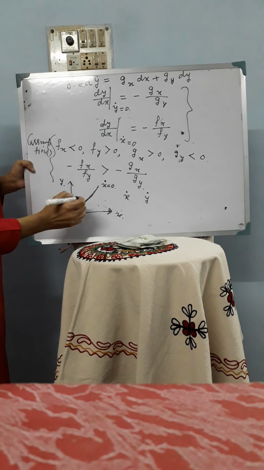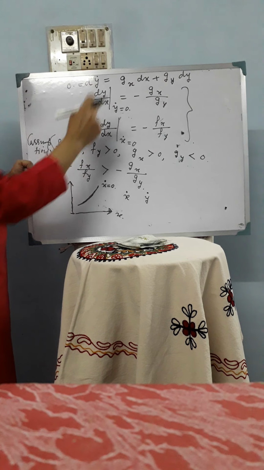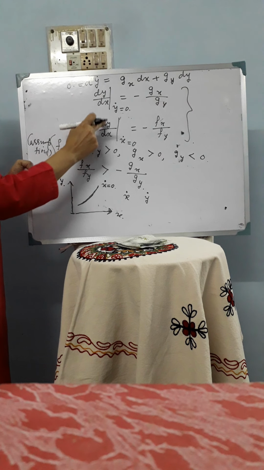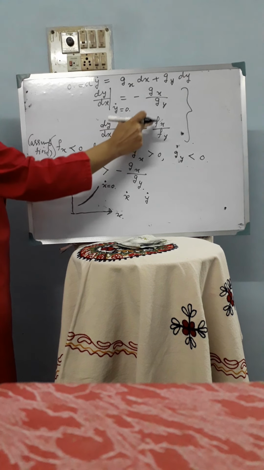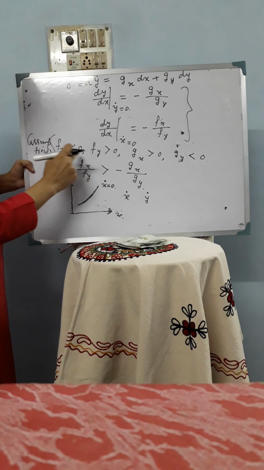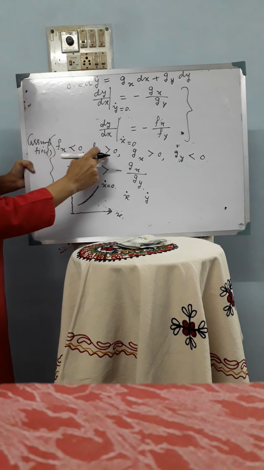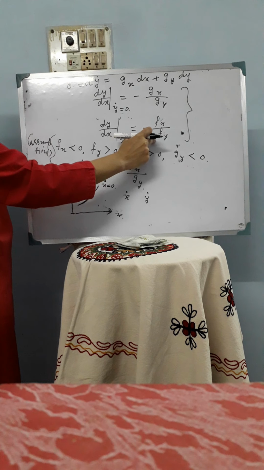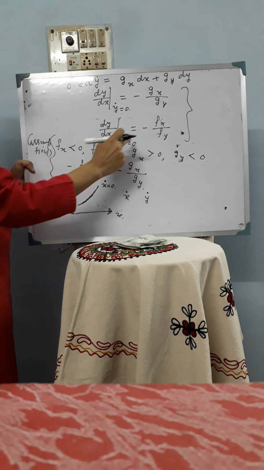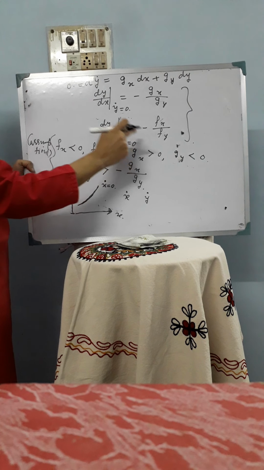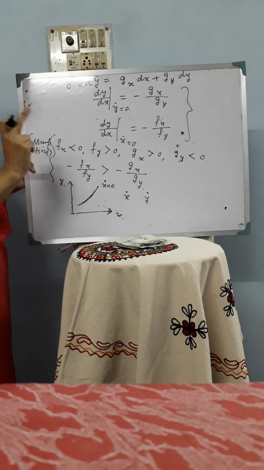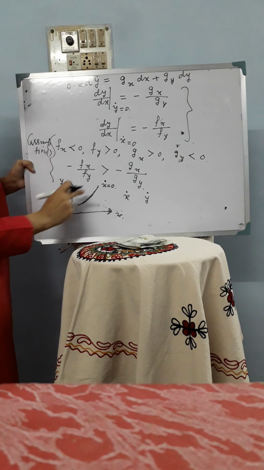So what is dy/dx when x dot is equal to 0? Minus fx by fy. Now by assumption fx is less than 0, fy is greater than 0, so minus fx by fy is greater than 0. So the x dot curve is a positively sloped curve. So this is the x dot curve.